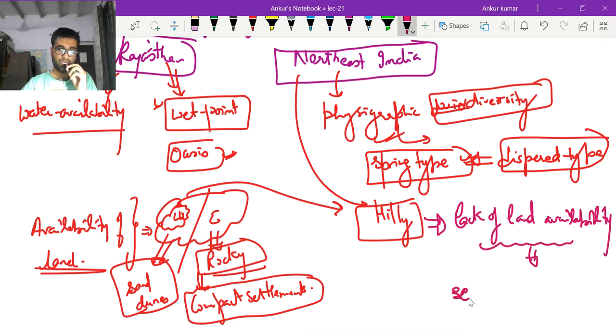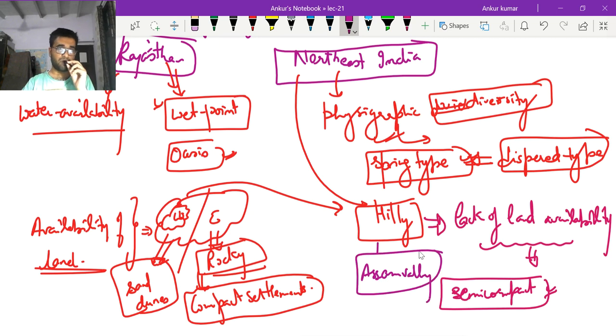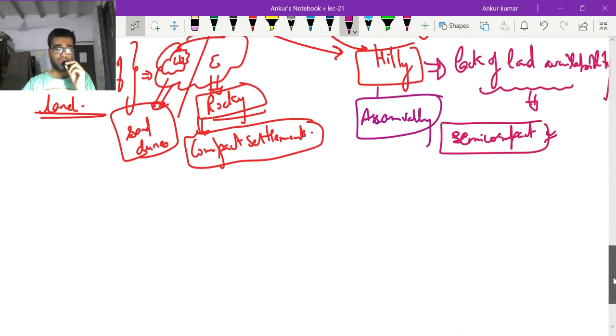So because of this only, semi-compact settlements are formed here. But this is not the only case. For example, in the Assam Valley, wherever there is flat land, there is a possibility of formation of compact settlements. That is true. For example, in Guwahati and many other places, there is a possibility of formation of compact settlements.